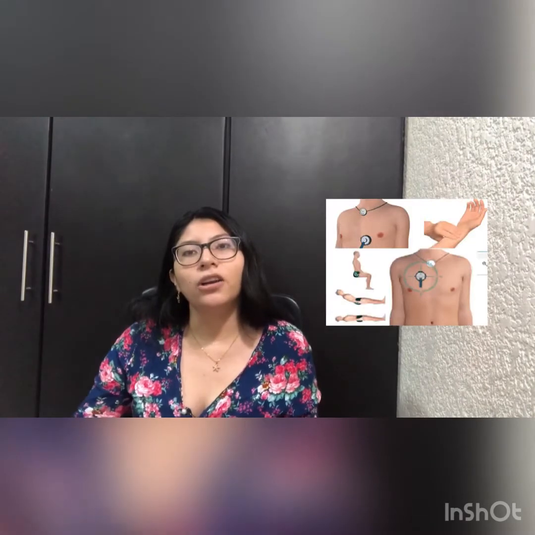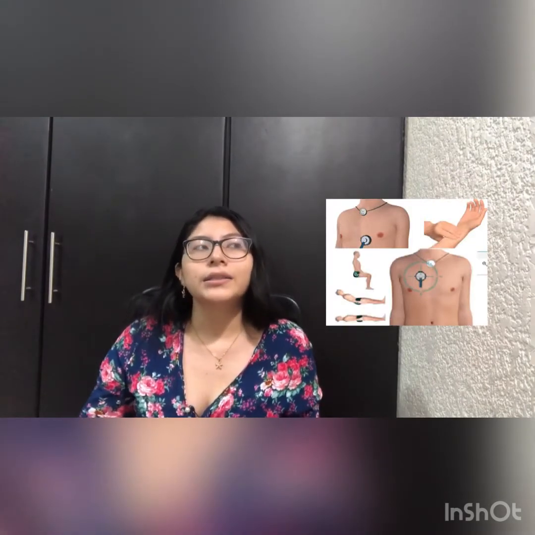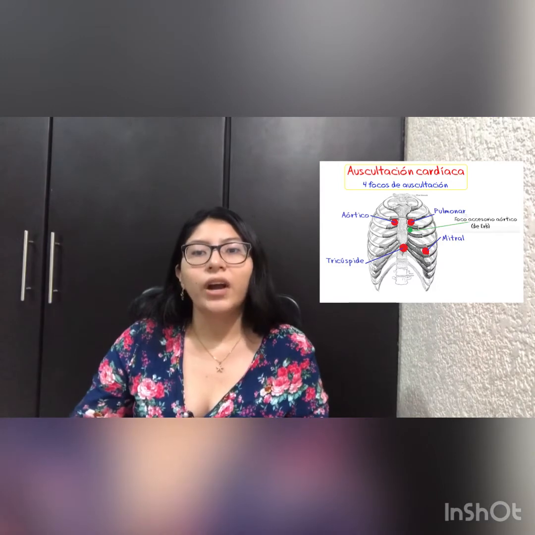Auscultation is often performed using a stethoscope, and the stethoscope will amplify sounds heard in the area that is being listened to. If there is an abnormal finding on your examination, further testing may be suggested.